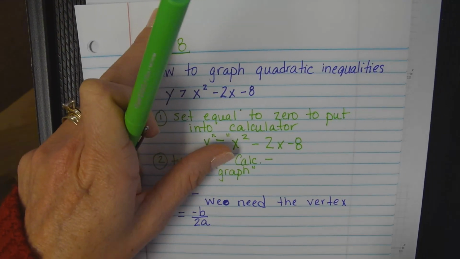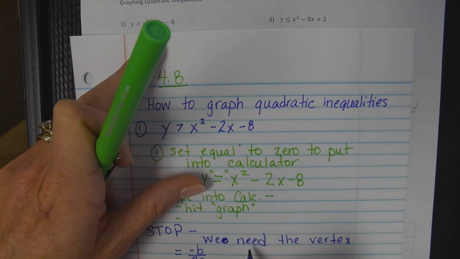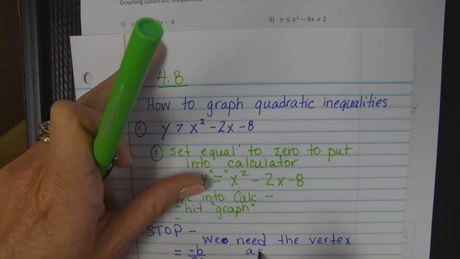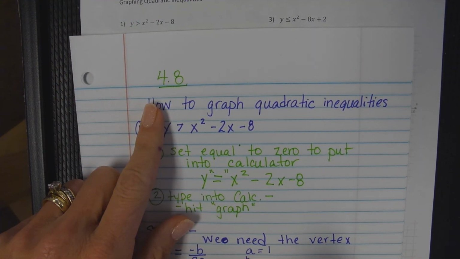Quick reminder, here's our equation. All right. A is, what's A? 1. B is negative 2. C is negative 8.